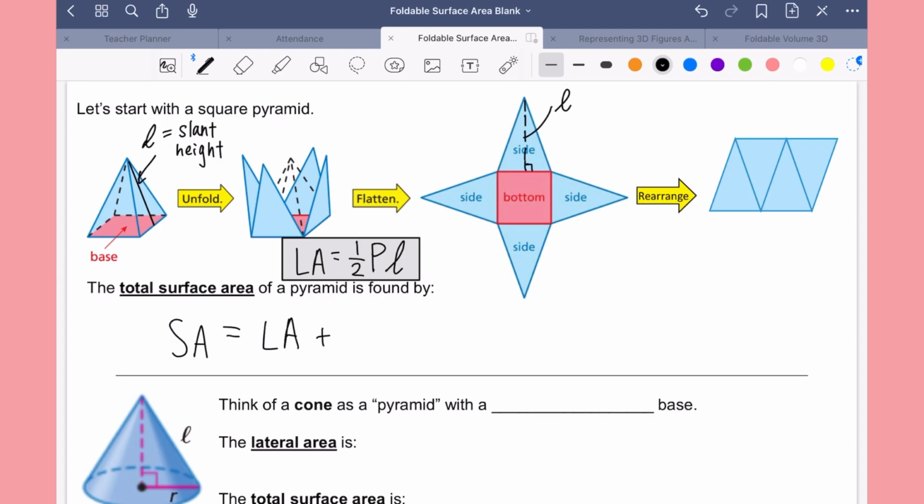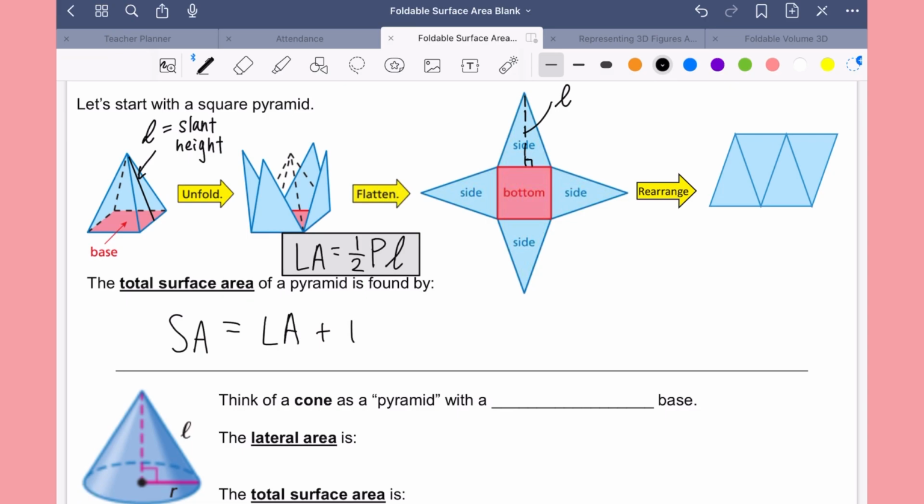Plus, we've been doing 2B, but pyramids don't have two bases. How many bases do they have? Only one. So we're just going to add one big B. And if you remember, big B is area of the base.